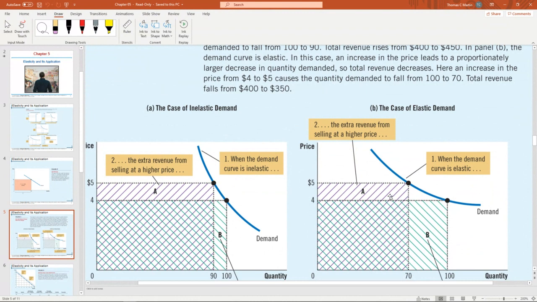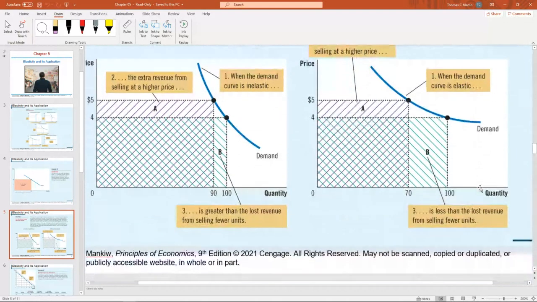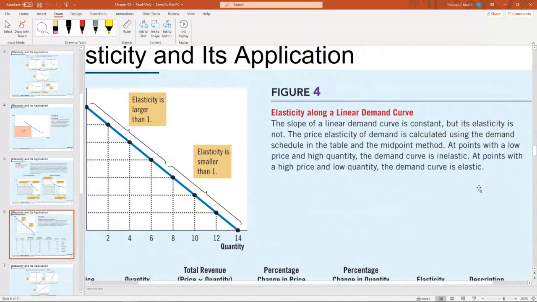So when we do the math, we go from $400 total revenue to $350 total revenue. So if we're on the elastic side of the curve, we need to make sure we lower the price, not raise the price. Our objective is getting to the point where elasticity of demand is equal to 1. That's what it's showing us here.